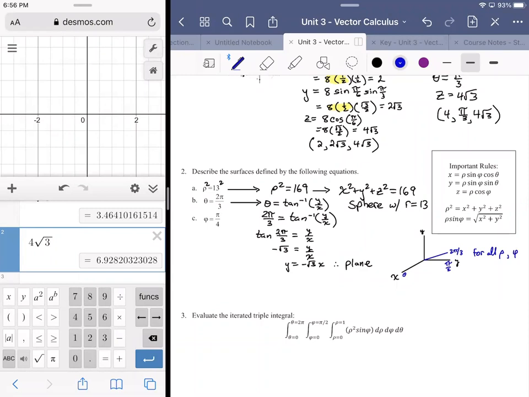All right. So the only thing that's going to be constant is that angle along the xy plane. But the distance along it can extend forever. So if I make a point, let me make a thick point here.